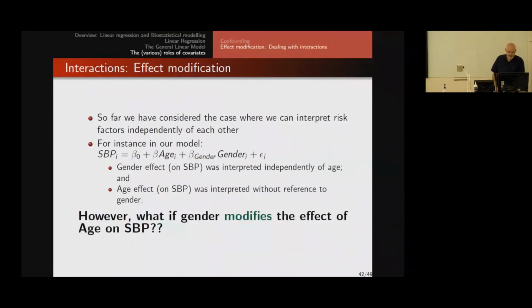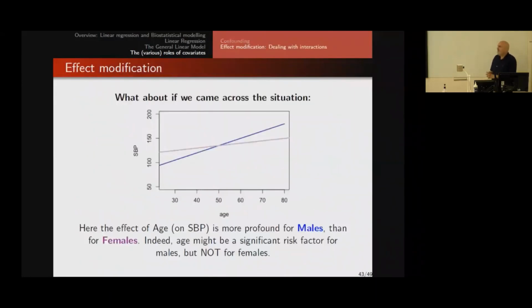Sorry, I just went backwards then. Okay, so here we go right here. Here's a silly little example of males being the blue line and females being the pink line, and that's the effect of age on systolic blood pressure for these two populations. Would you say that what gender you are makes a difference to the relationship, looking at those two lines?